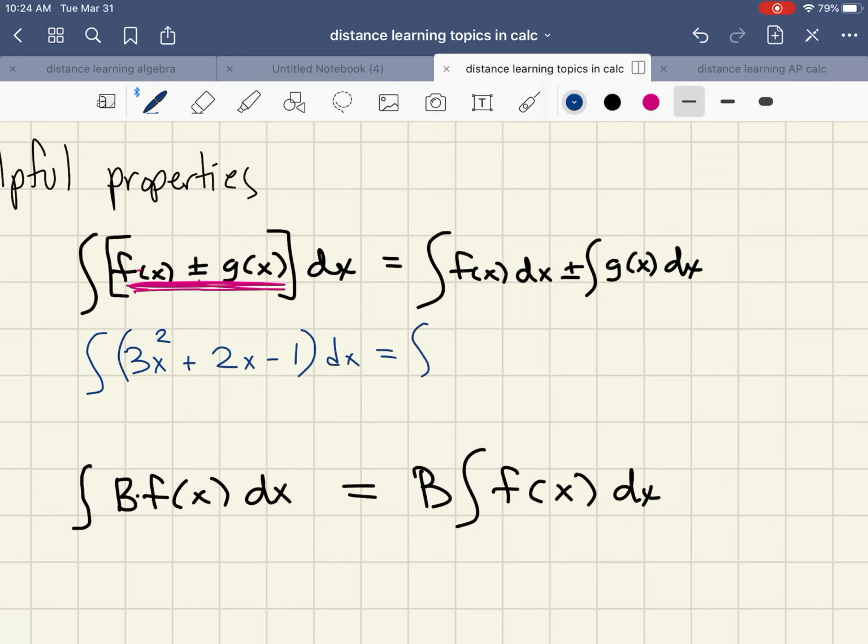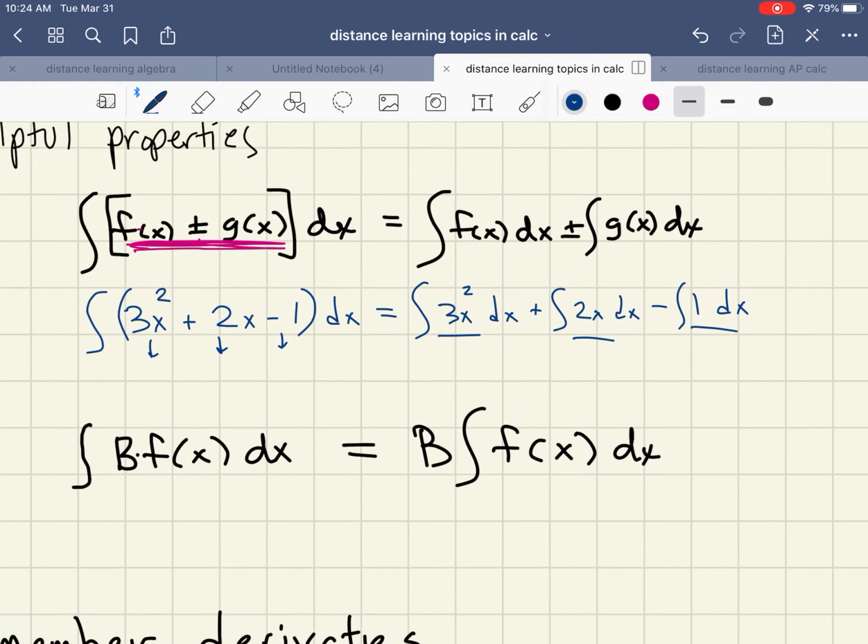Then you can break that up into its component pieces: that component plus that component minus that component, and then we do the antiderivative of each piece, and that would be the answer. I like to just jump right into using the power rule for each piece. It doesn't matter which way you do it.